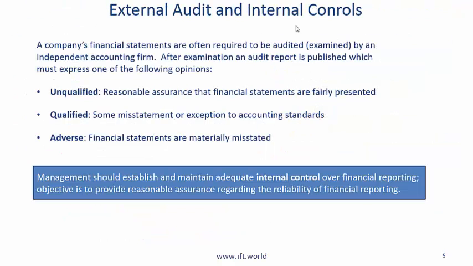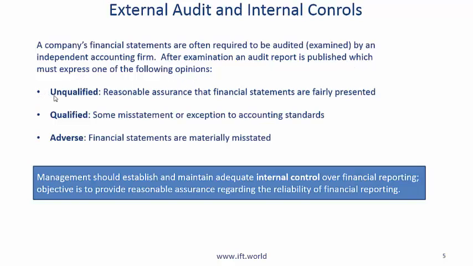External audit and internal controls. A company's financial statements are often required to be audited or examined by an independent accounting firm. After examination, an audit report is published which must express one of the following.